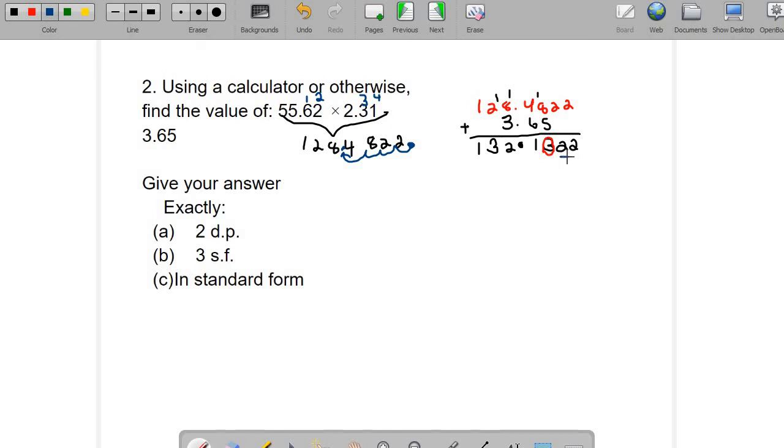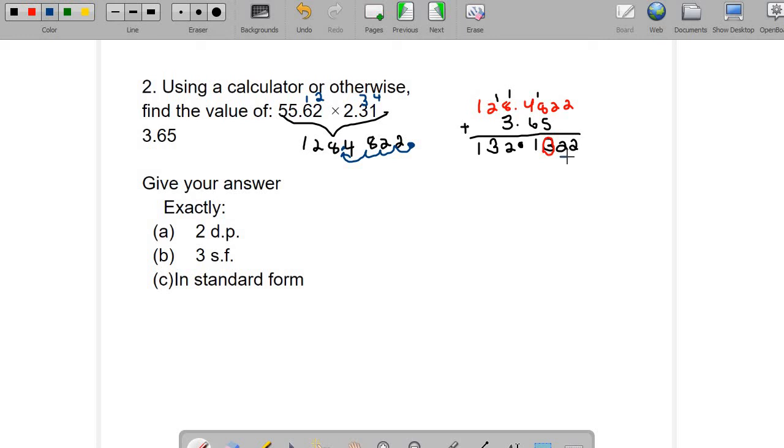The digit behind it will tell you whether or not you round up or down. Alright, so round up means that if the digit behind it is 5 or more, you're going to add 1 to the second place value. If it is less than 5, you're going to round down. That means you're going to leave the digit in the second place value as is, and you just remove all of the numbers that come after the second decimal place.